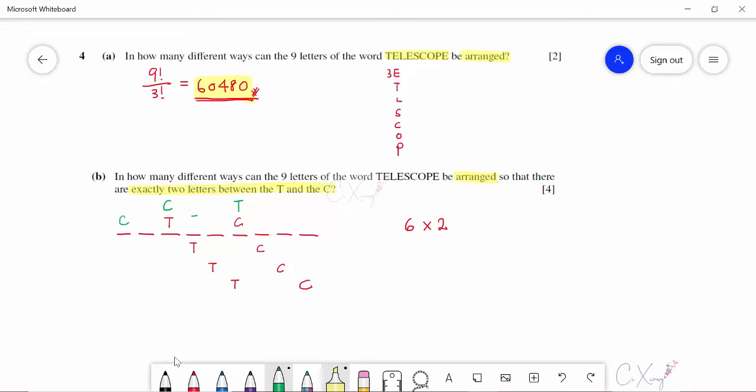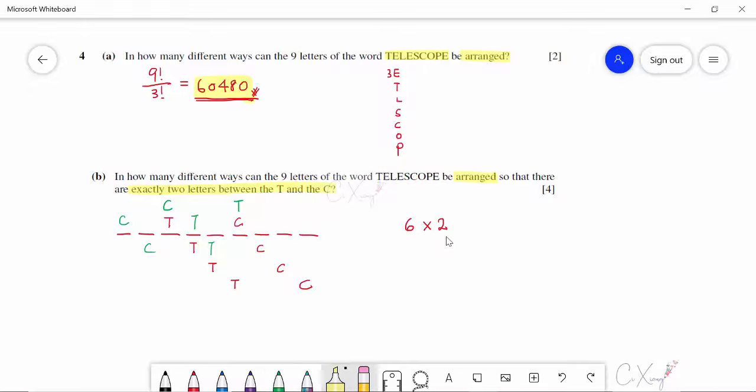You can have C and T here, then C and T here, and so on. Also 6 positions, so 6 multiplied with 2. The 6 is the positions that we want to place the T and C with 2 letters in between. Then multiply with 2 is because the possible cases are TC and CT.